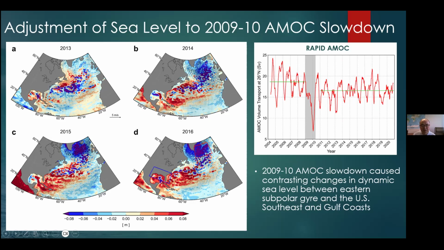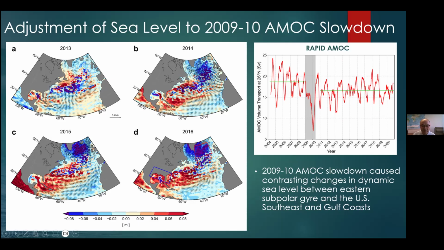These negative anomaly regions moved further northward into the eastern subpolar gyre region during the next 2 years, in 2015 and 2016. This negative dynamic sea level anomaly is a result of the reduced northward heat transport by the AMOC due to this slowdown.